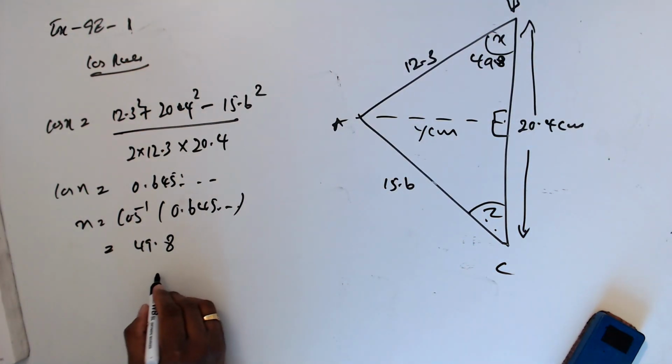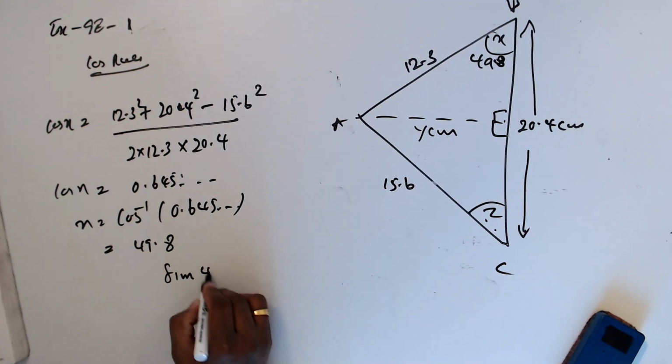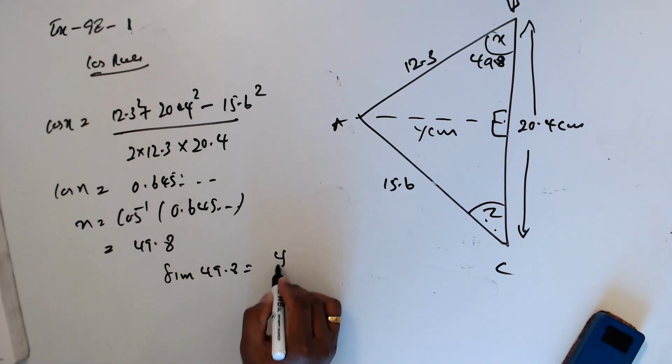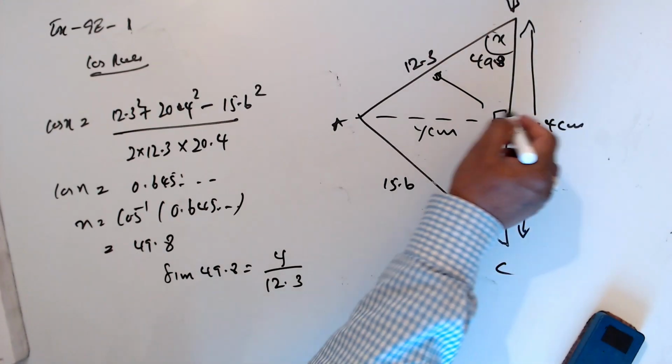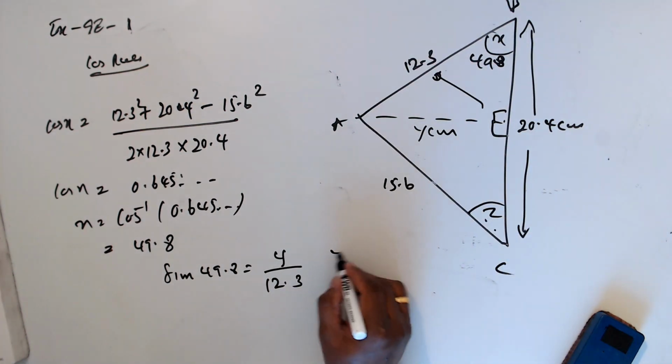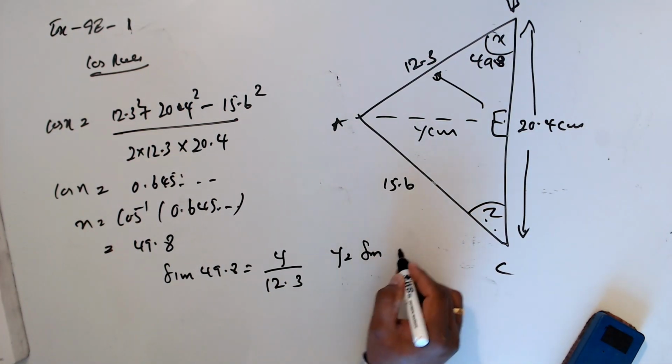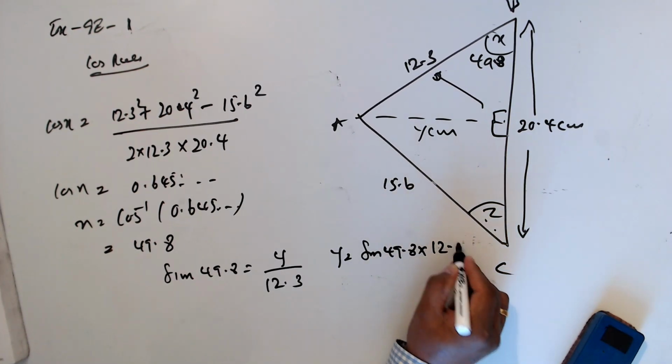Sine 49.8 equals y over 12.3. This is the hypotenuse. This is a right-angled triangle. Y equals sine 49.8 times 12.3.